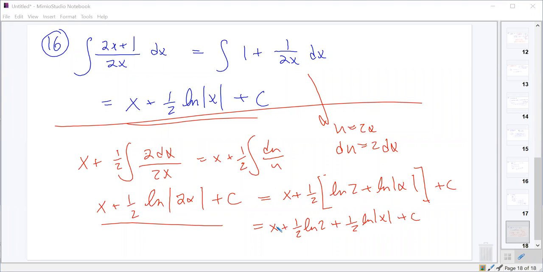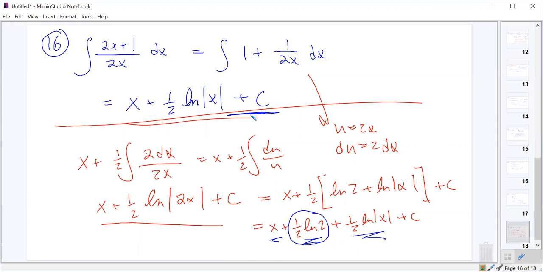Well, I still have the x, and I still have the 1/2 natural log of x, and a constant plus another constant is still just a constant. So the constant you get if you do it this way is different than the constant you get if you do it this way, but they're still constants, and so they effectively don't alter your answer at all.